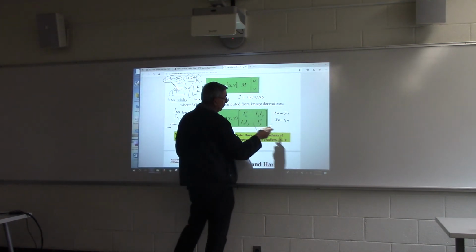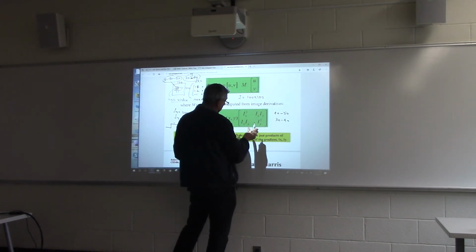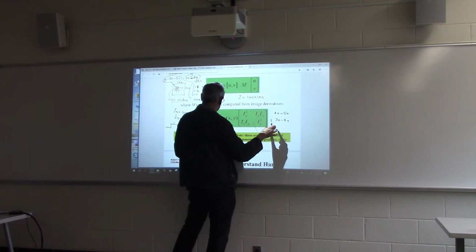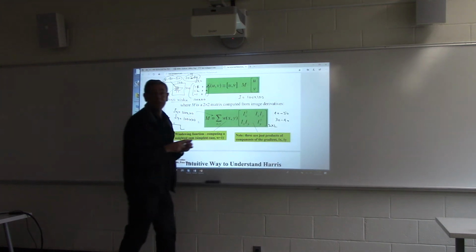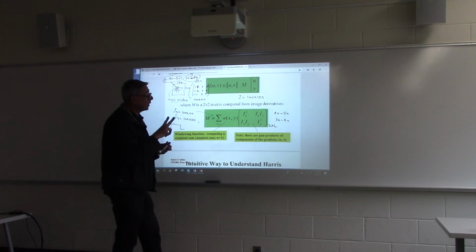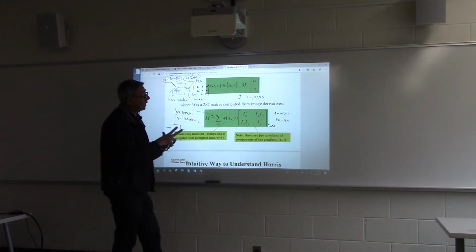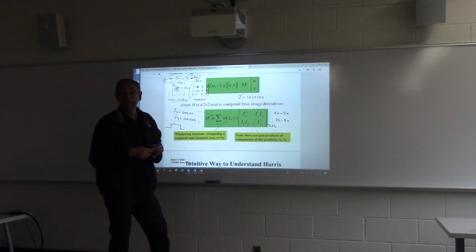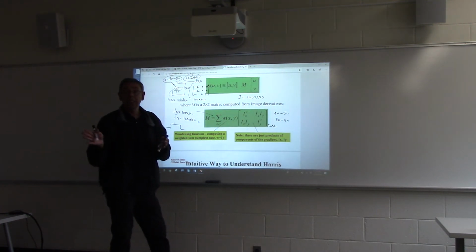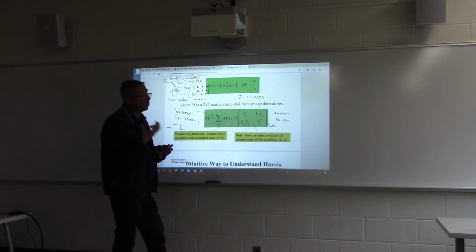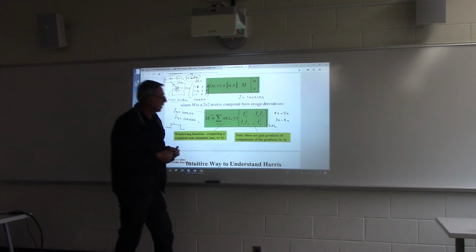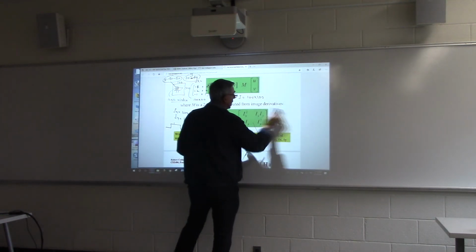Anyway, we'll still get a 2 by 2. And now looking at the eigenvalues of this, if both eigenvalues are large, it will tell us it's a corner. If one of the eigenvalues is large and the other is not, then what will it tell us? It's an edge. And if both are small, then it's solid in the middle. Exactly. That's the idea.